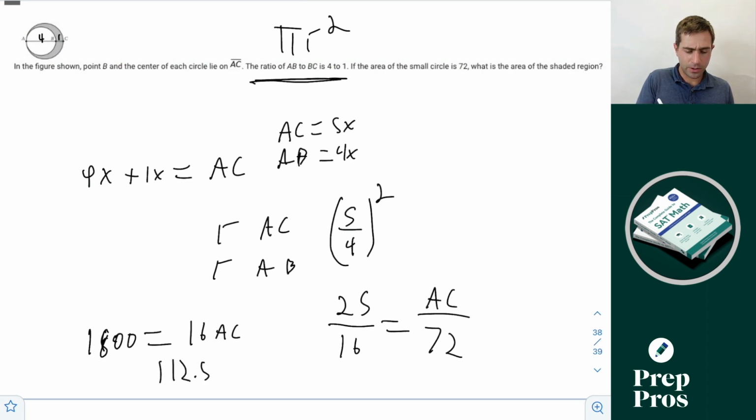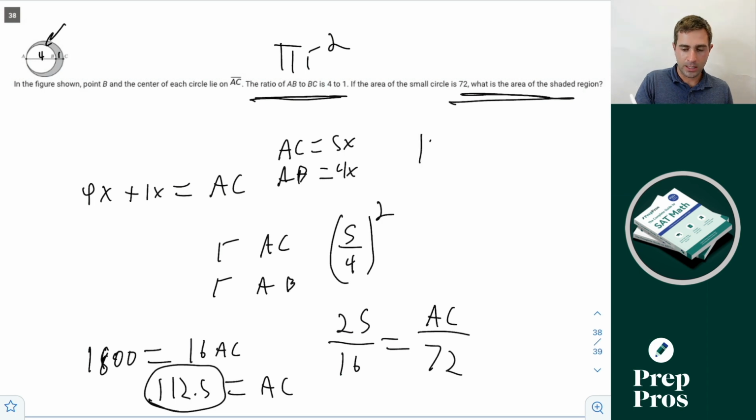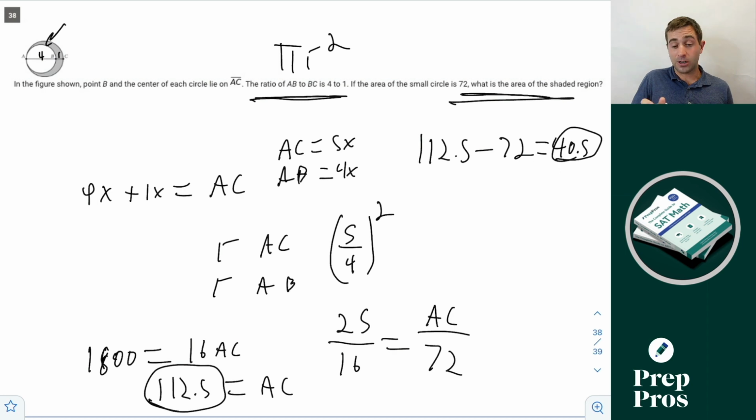So the area of the circle for AC is equal to 112.5. So our smaller circle is 72. Our bigger circle, the entirety of AC, is 112.5. So the shaded region is going to be the same as 112.5 minus 72, which will give us 40.5 as our correct answer. Now, I know this is our super fancy way of doing it.